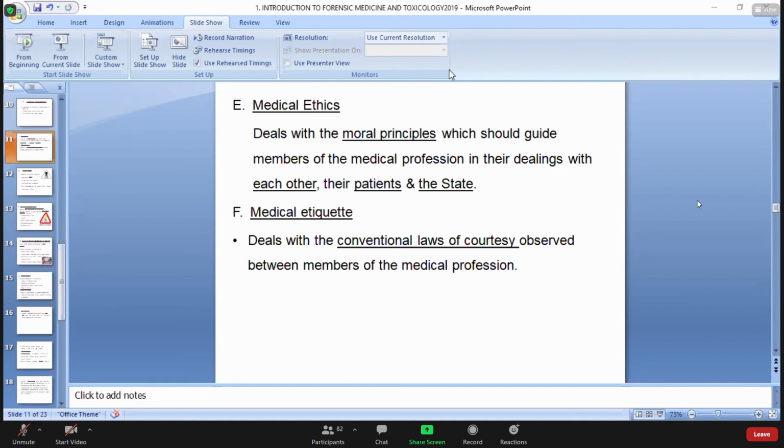So what are the duties towards your state? This has been defined in medical ethics.